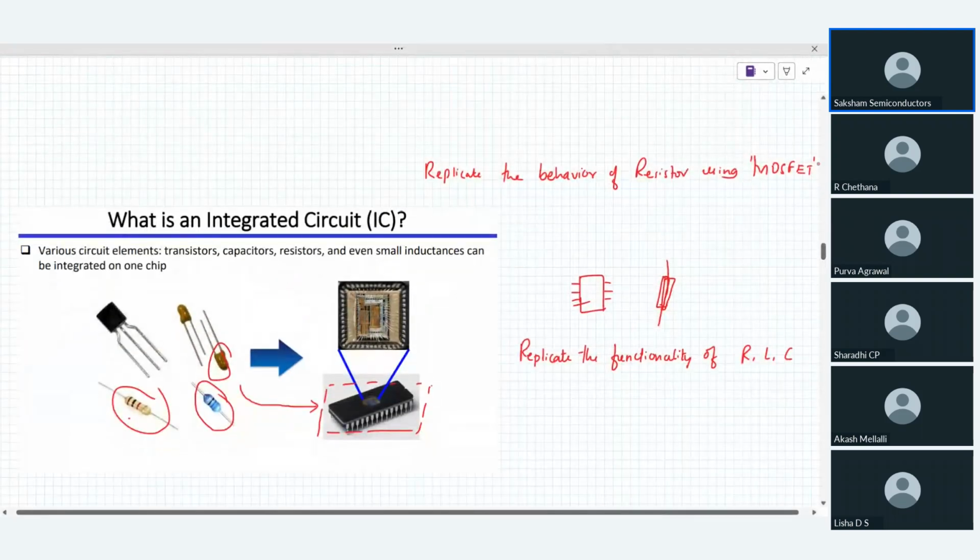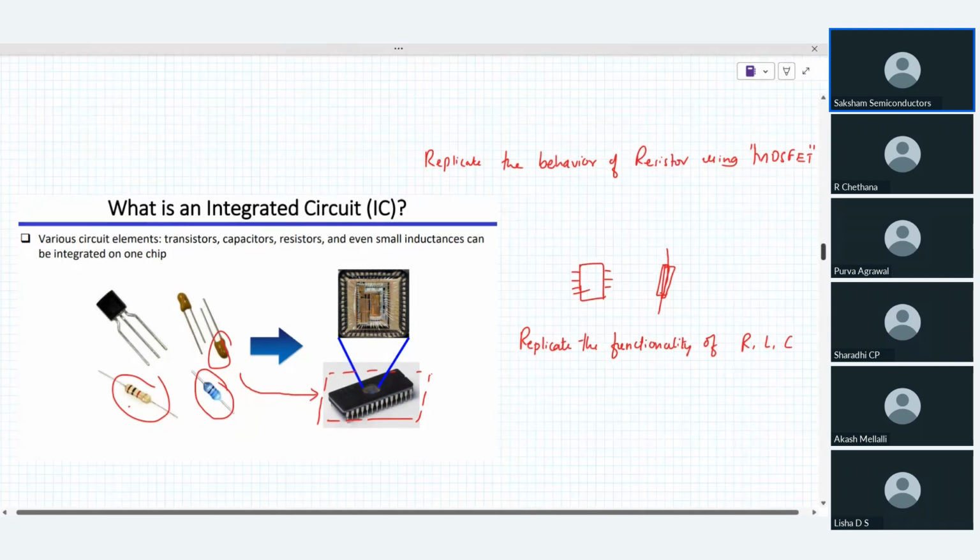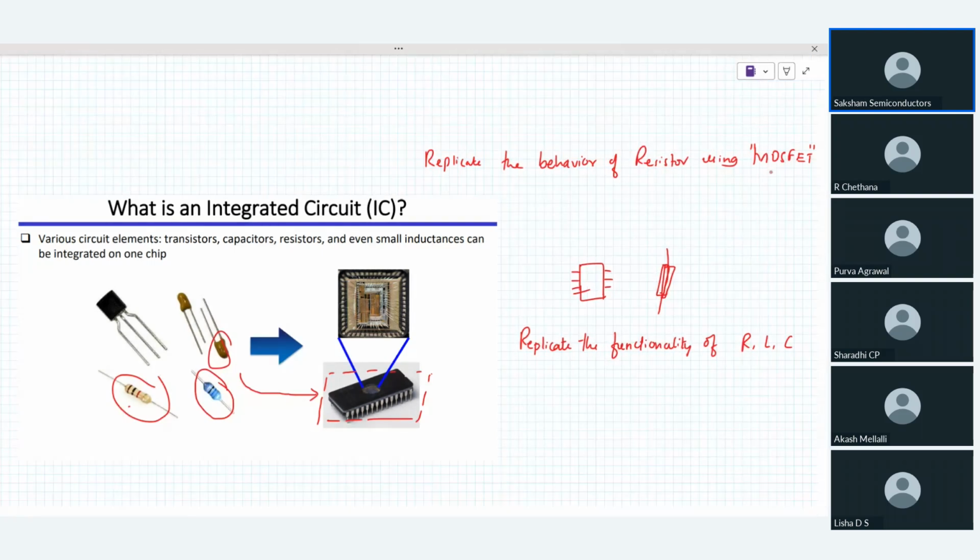The MOSFET is one of the most effectively used transistors which can fit in most of my designs, and it is being scaled down to a very small level. That means MOSFETs are being worked at nano and micro levels, and if those MOSFETs are effectively replicating the behavior of the resistor, my job is done.